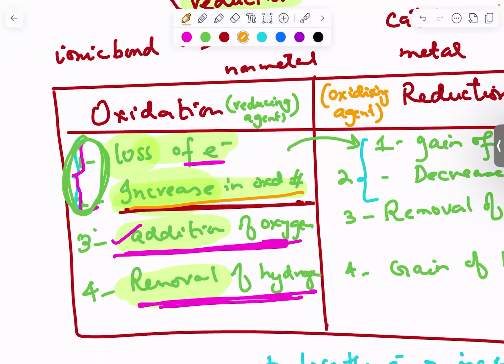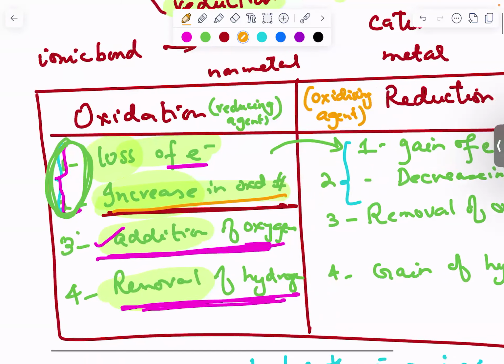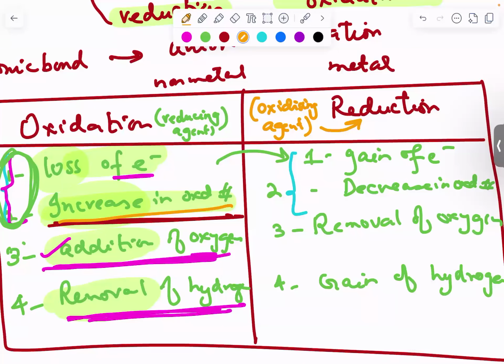An oxidizing agent is an agent which compels the other species to get oxidized, and itself it gets reduced. The traveling agent doesn't travel himself; he compels the other person to travel. The same goes for the oxidizing agent.